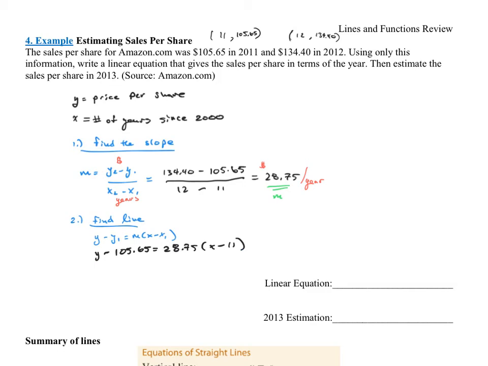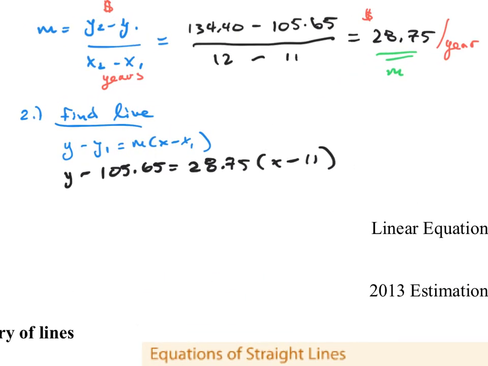for the point. Okay, so now I just need to do some algebra and clean this up, put this into slope-intercept form. So I'm going to start by distributing the 28.75 to both of these. So I end up with y minus 105.65 equals, well, 28.75 times x is 28.75x, minus, and then I have to do 28.75 times 11.